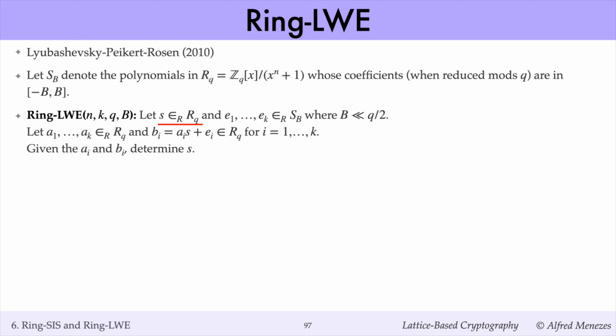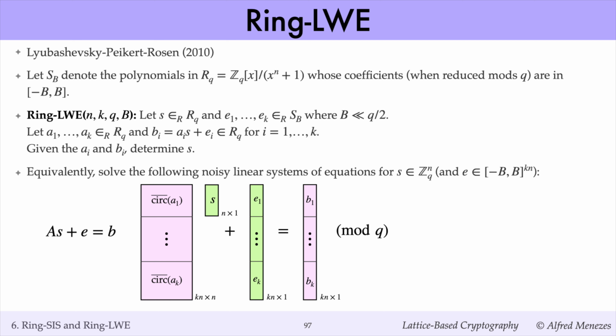Let S be a randomly selected polynomial, and let E1, E2 up to Ek be k randomly selected small polynomials, so their coefficients are between -B and B. Let A1 up to Ak be randomly selected polynomials, and define Bi to be Ai times S plus Ei. Given the Ai and the Bi, the problem is to determine the polynomial S.